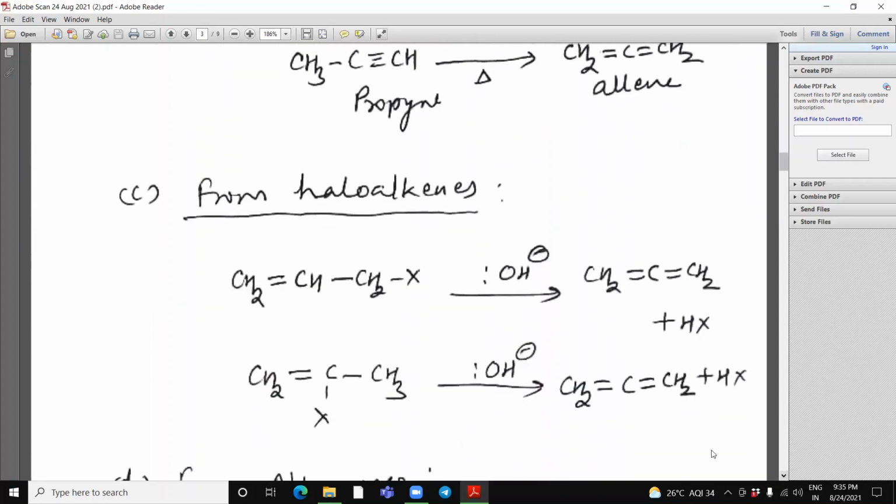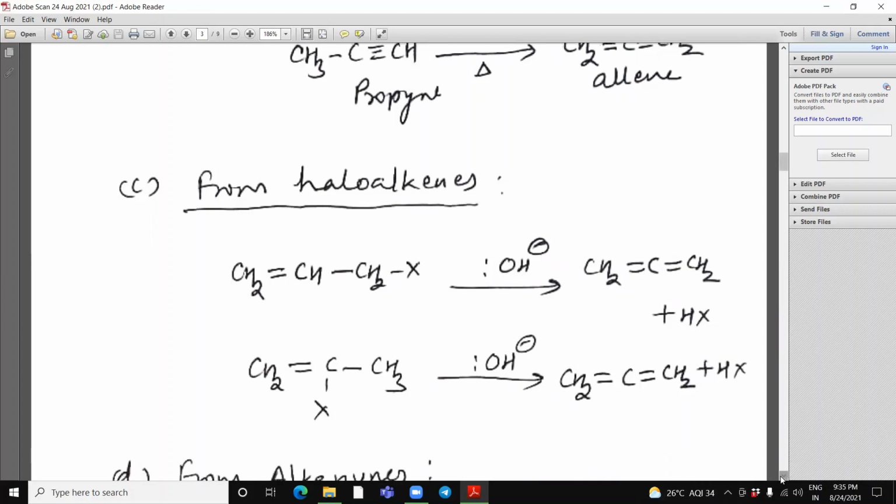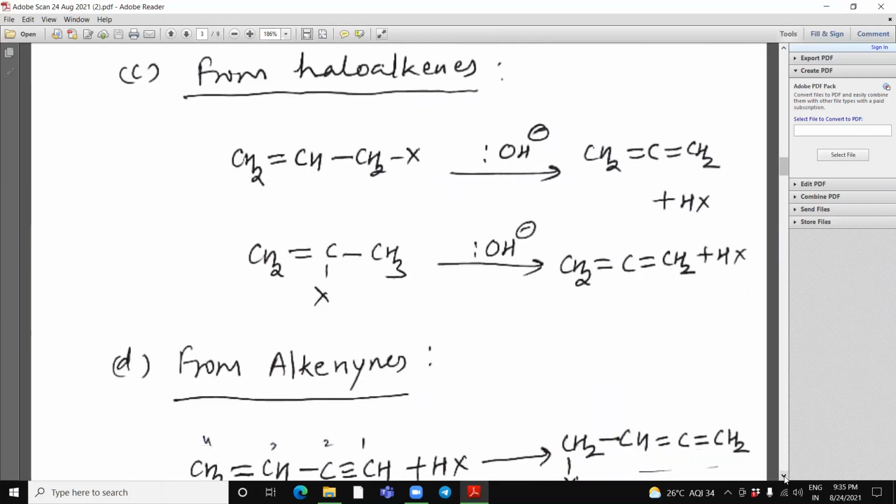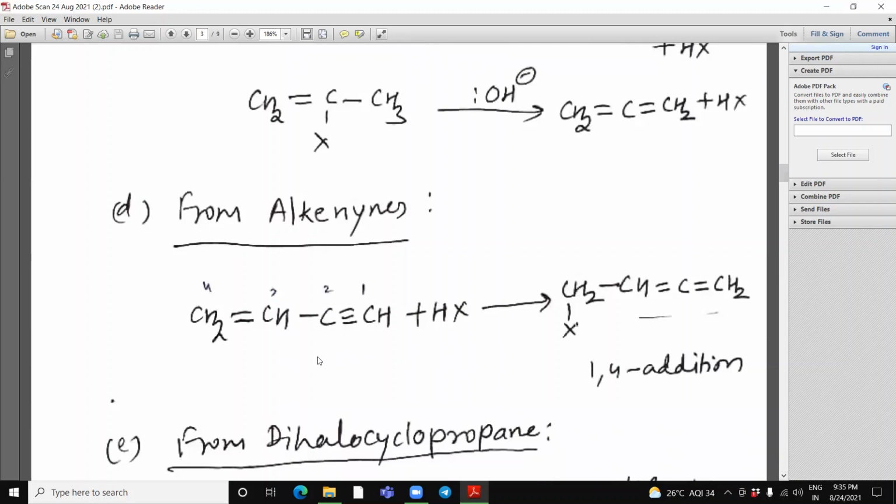From haloalkanes also we can prepare allenes. See here, in presence of alkali. From alkenes also we can prepare allene.